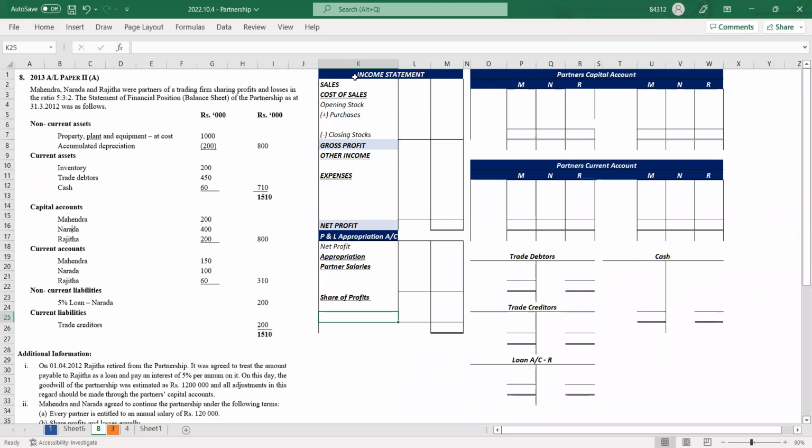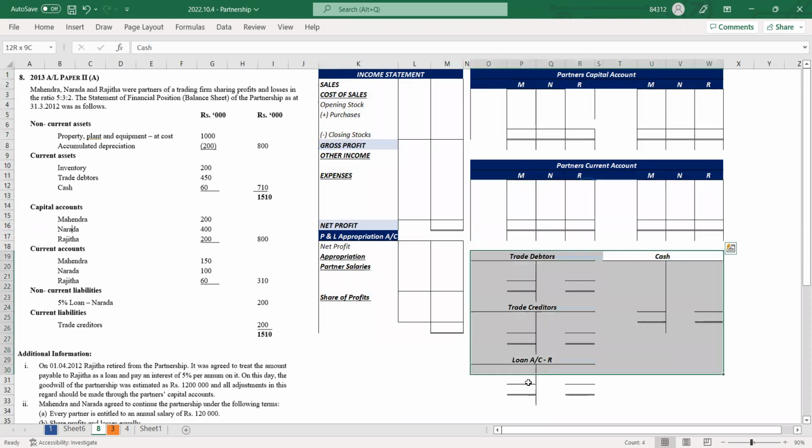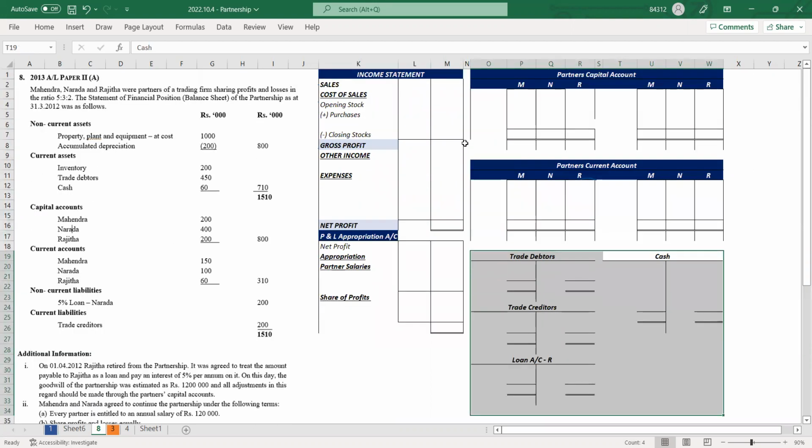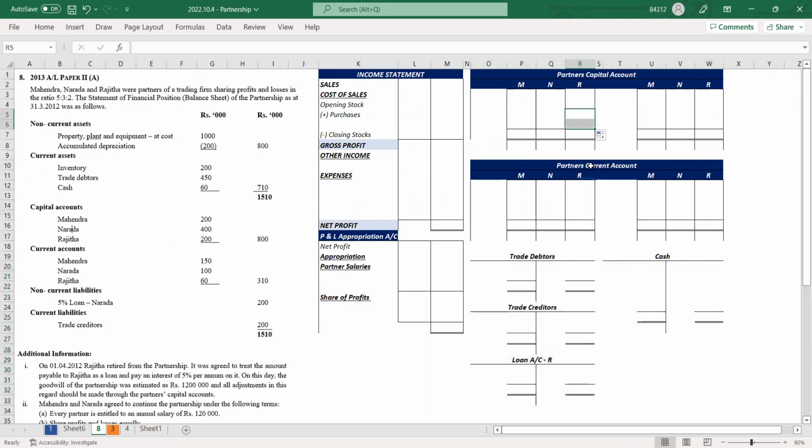So in this, I'm going to explain the income statement part, right? Appropriation account, capital account, current account, and some of the basic ledger account. So this is like incomplete records. This is like the question we did on incomplete records.